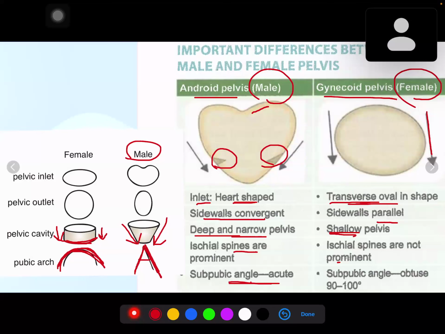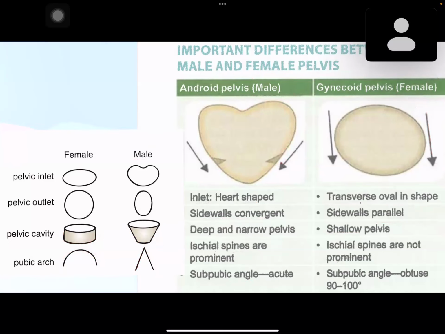The male pelvis would be called android pelvis and the female would be gynecoid pelvis. For anthropoid and platypelloid, you just have to understand the main diameters of the inlet. That's all the differences you need to remember. For the rest, the android and gynecoid pelvis, you just have to remember the differences.